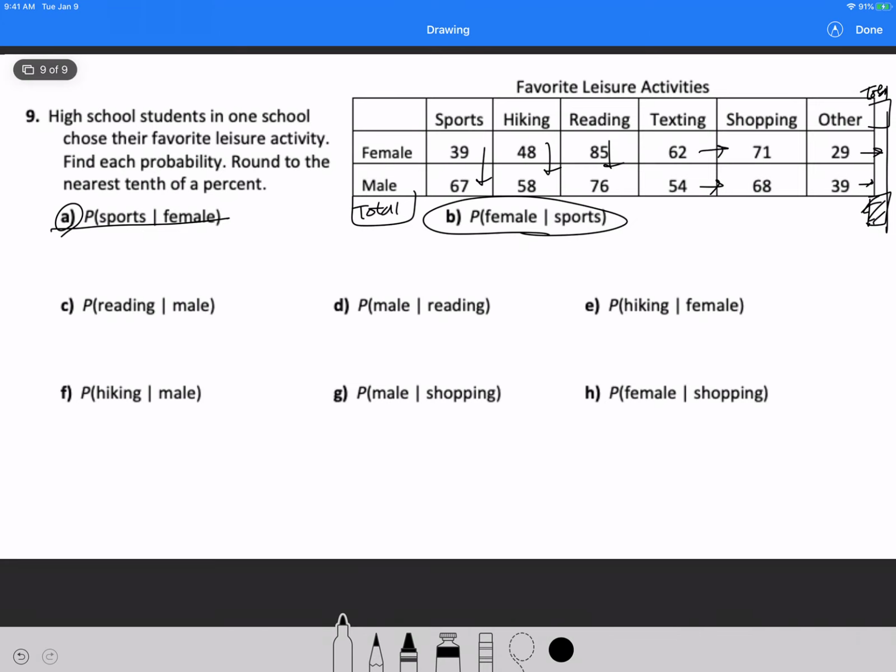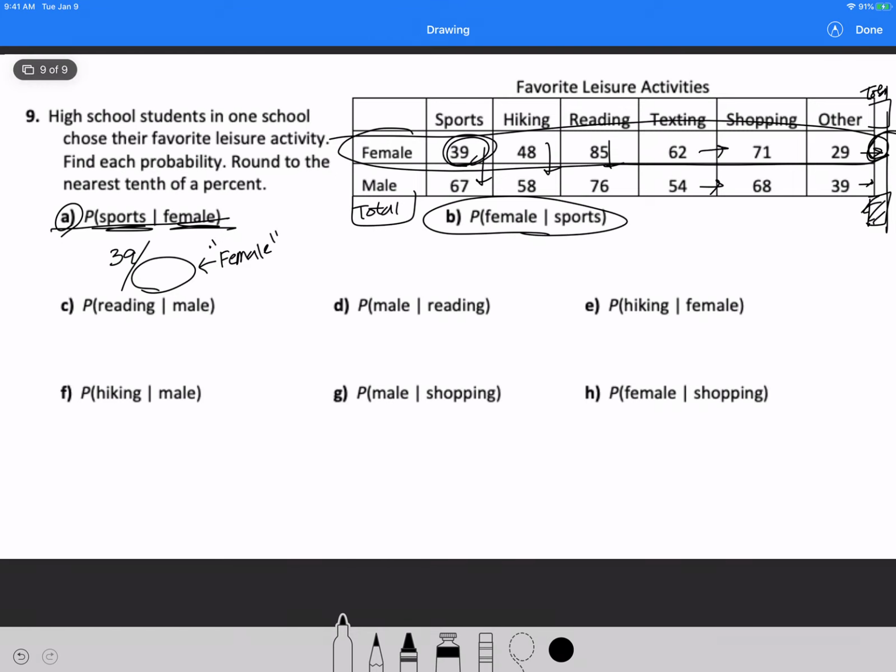So we want to find out the probability of people playing sports given that it's a female. So we are talking about, out of just female people, how many of them play sports? Well, I got my numerator right away, which is 39. But I want to know the entire total number of females, because that is what I'm going to put down as a denominator, right?